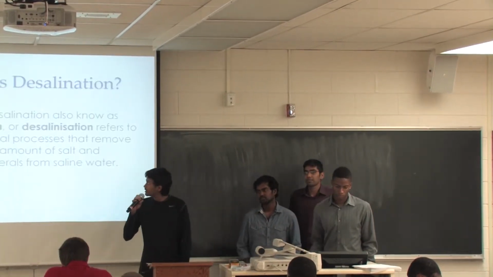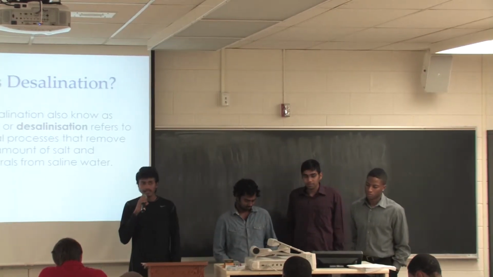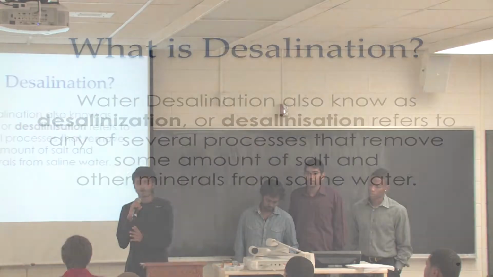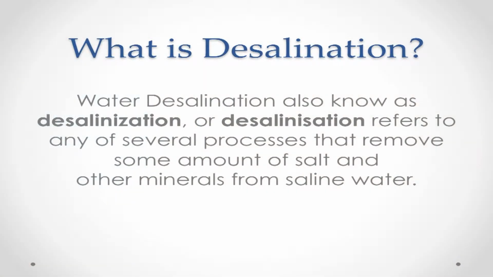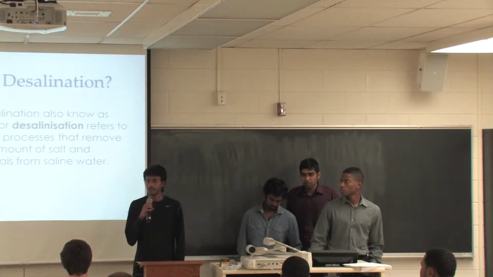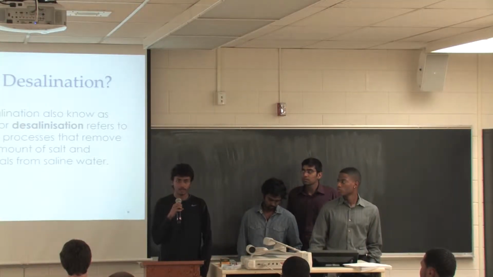Well, water desalination. The word desalination itself says the conversion of salt water into normal water by taking away the salt and other minerals from the salt water. It's a very important process nowadays because, as we all know, two-thirds of the earth is covered with sea water.